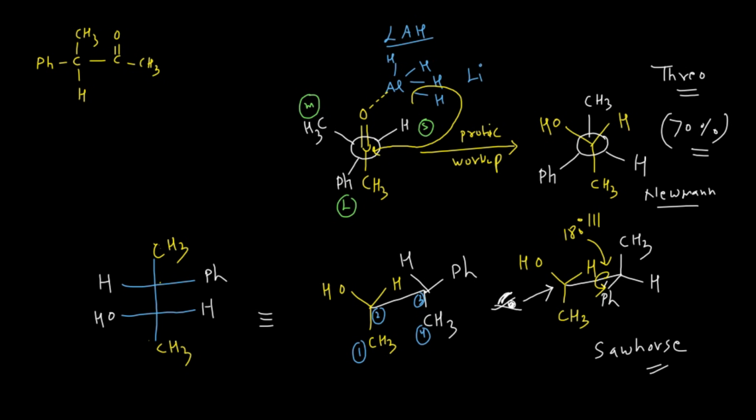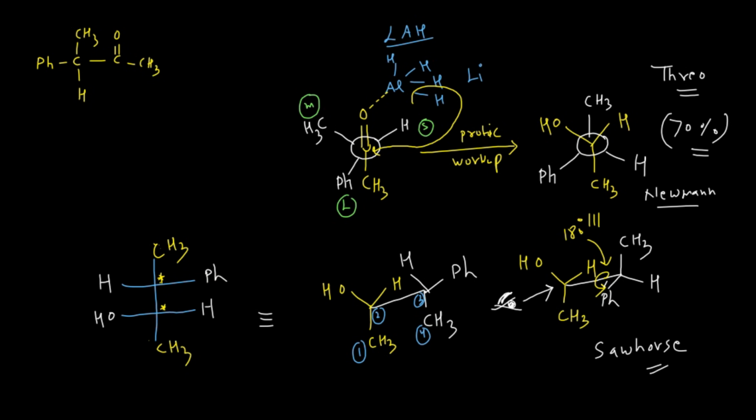This carbon is the chiral carbon, and this carbon is also the chiral carbon. Please remember, these two carbons are chiral. How? It is connected with 4 different groups: 1 hydrogen, 1 methyl, 1 Ph, and the rest of the group. This is also a chiral carbon because it is connected with 4 different kinds of groups: 1 methyl, hydrogen, and then your OH and the rest of the group. That means 2 chiral centers are there.